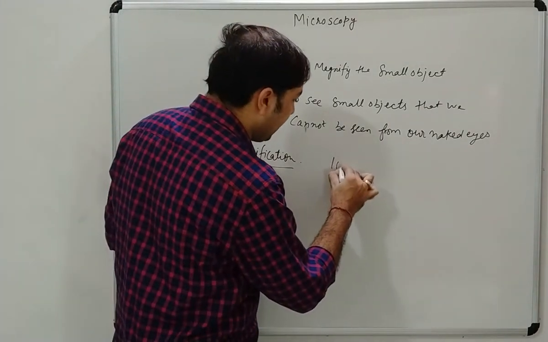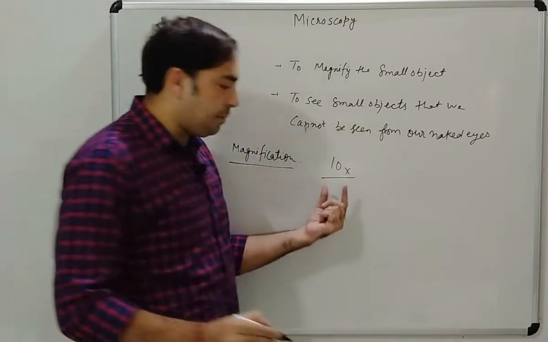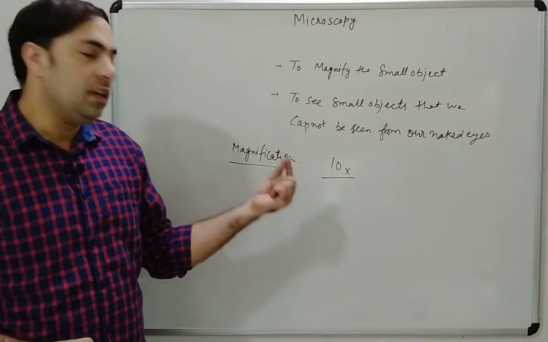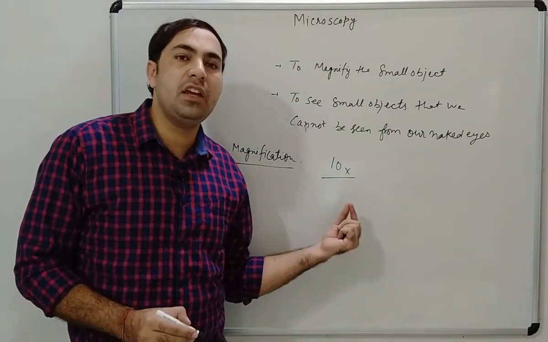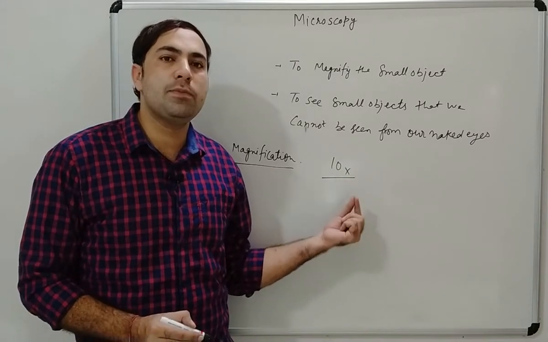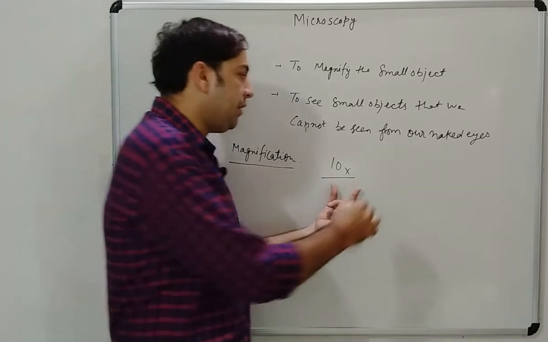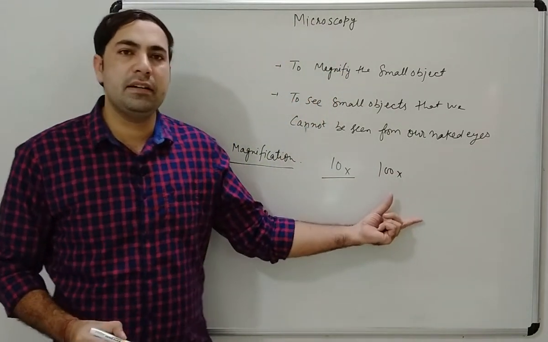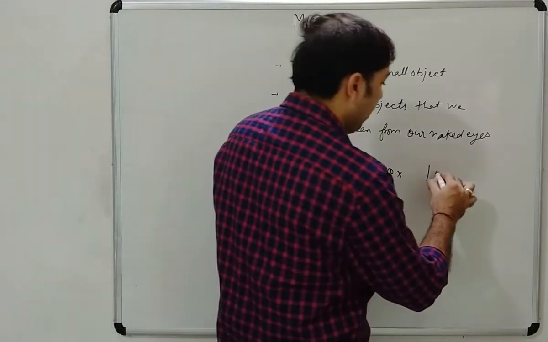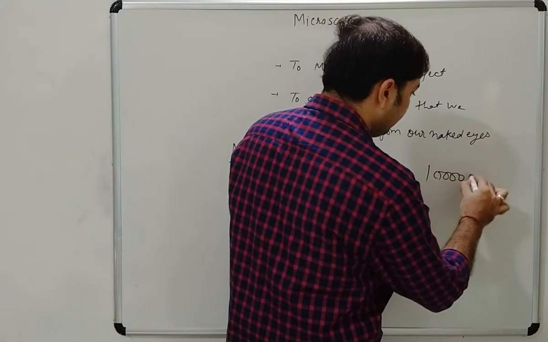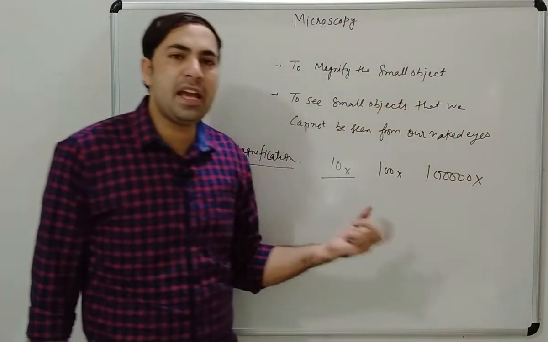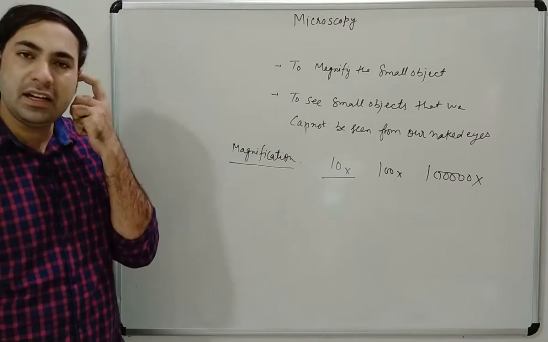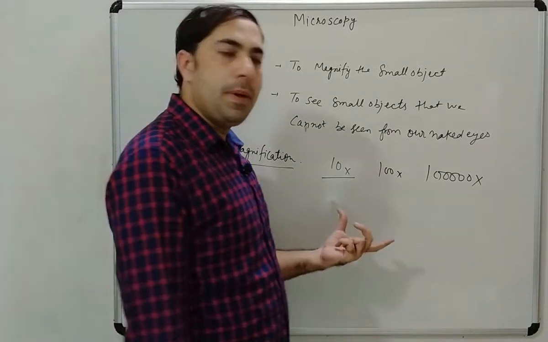Like if somewhere 10x is written, represented by the x, it means you can enlarge the image of the small particles 10 times. If 100x, you can enlarge the image 100 times. And somewhere 1 lakh, it means you enlarge the image 1 lakh times of the object of small particles.